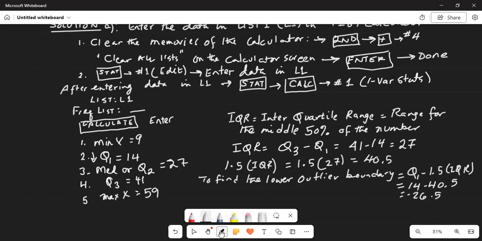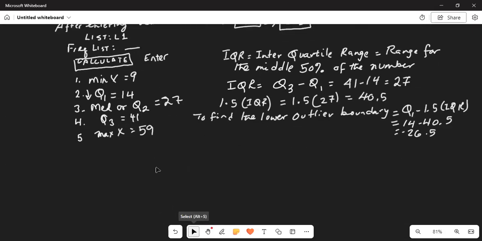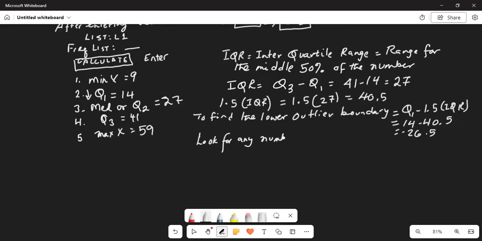Okay, so we look for any number less than, this is important, less than the lower outlier boundary of minus 26.5.